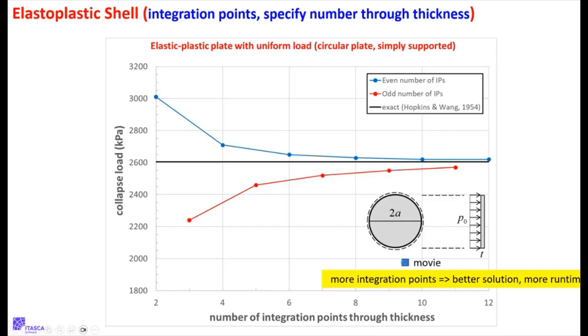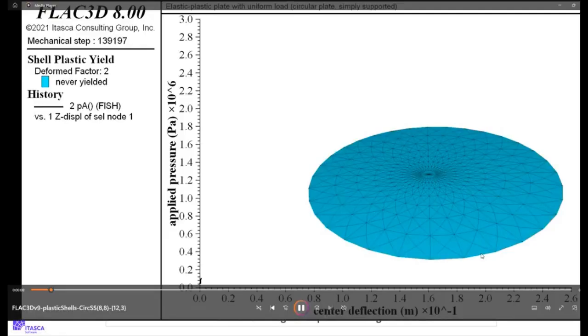And the cool part here, of course, is this is going to have plasticity. So here we go. And as we're running the model, we're plotting the pressure. We keep slowly incrementing the pressure, and we're plotting here on the x-axis the center deflection of this point going down or going up. I can't remember. And so if this was a linear elastic problem, it would just go like this.